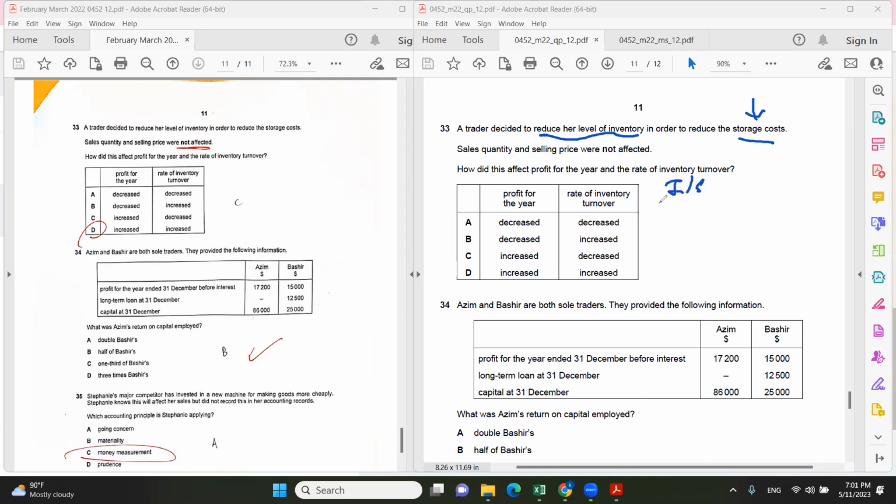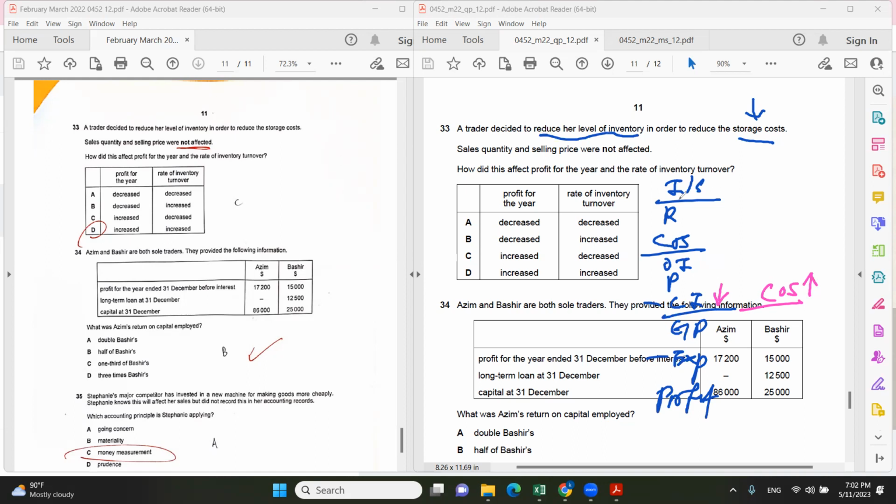Income statement, revenue, less cost of sales, opening inventory, purchases, closing inventory, and then gross profit minus expenses, and then profit for the year. This closing inventory decrease, my cost of sales increase.